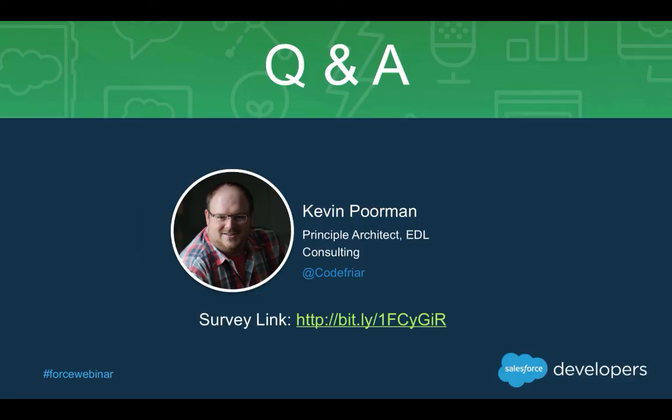Somebody asked about seeAllData equals true, which might reduce our efforts to create test data, so why not use it? First and foremost, when you deploy tests from a sandbox to production, or from one org to another, you can't guarantee that the record you're expecting to be there is actually there. So you may run into deploy time problems where your tests pass in a sandbox or a dev org, but they don't pass in production.